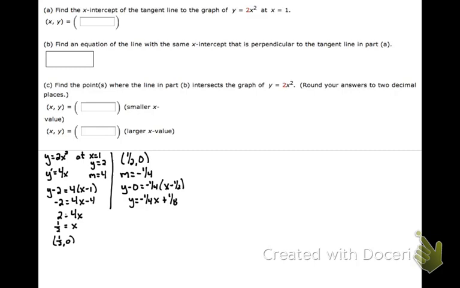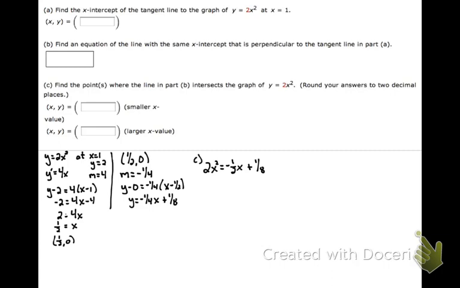Now part C, find the points where the line in B intersects the graph of y equals 2x squared. Okay. So I want to know when does 2x squared equal negative 1/2 x plus 1/8?